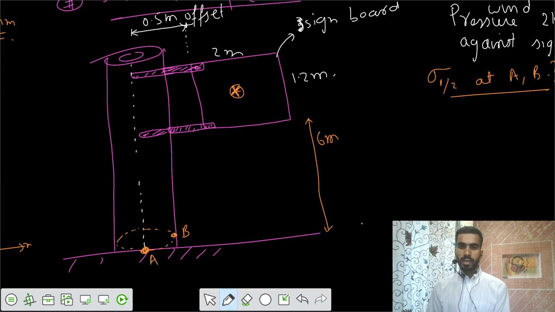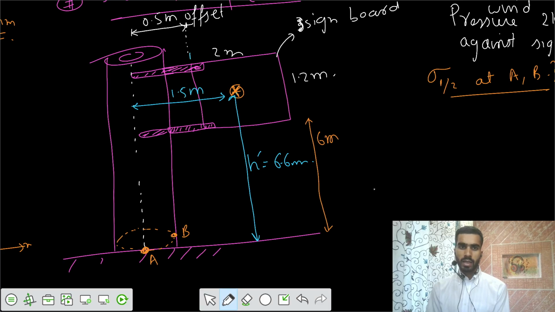Now the net height up to the centroid, H dash, is 6.6 meter. And this distance equals 1 meter plus 1.5 meter.